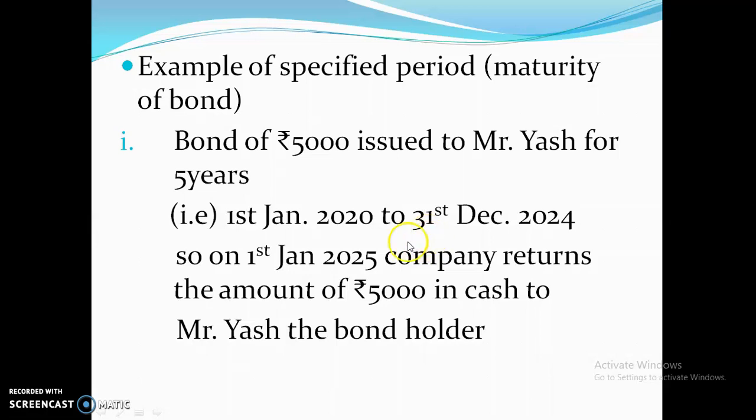After 5 years, this 5,000 is returned. The company has given a specified date, 1st Jan 2025, and returns 5,000 to Yash. So the specific amount is 5,000, the specific period is 5 years, and the return date is also mentioned here. On that date, the company has to return the money.